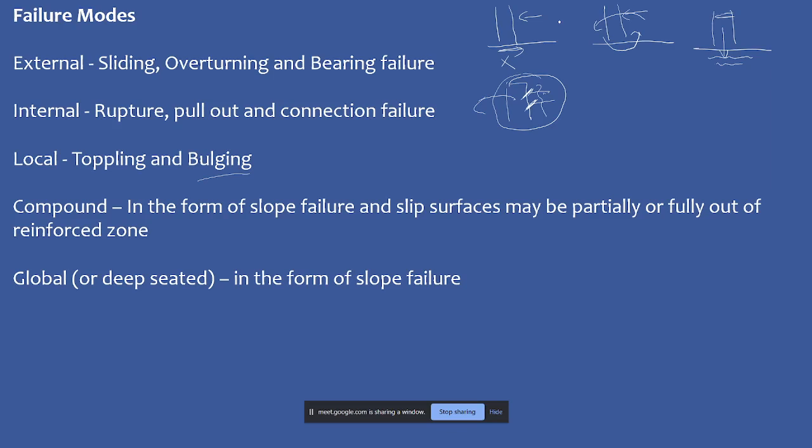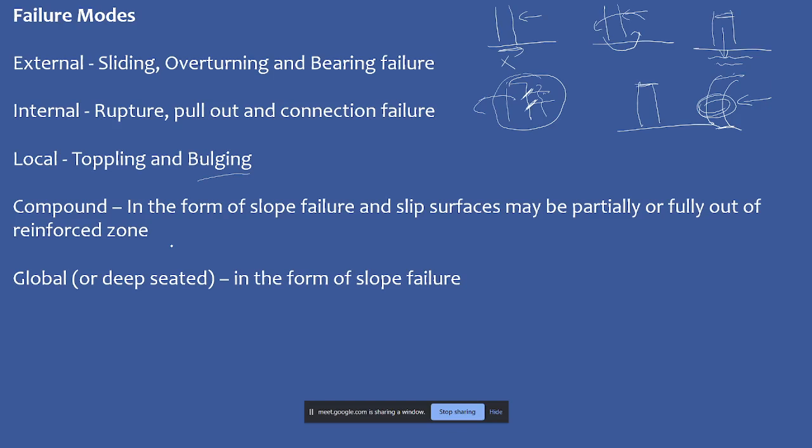Then yeah, another form is the compound form of the failure mode. We are having the slow failure, or the slip surfaces may be partially or fully out of the reinforcement zone. Let me draw it here.